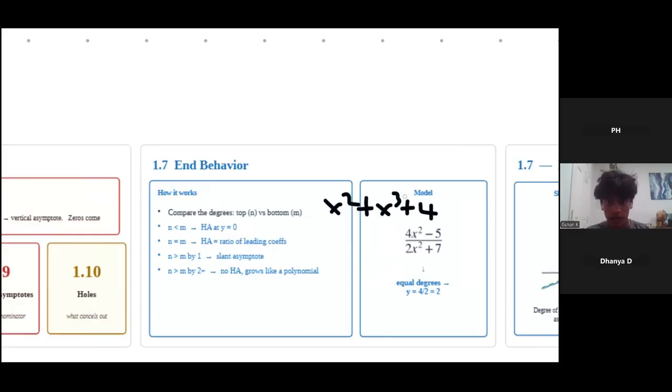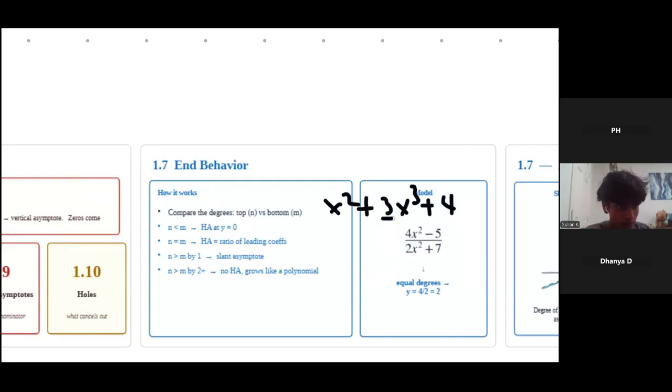And if we made that 3x to the 3 plus 4, then our leading coefficient is also going to be 3, because the leading coefficient is the coefficient that comes with the greatest degree term.